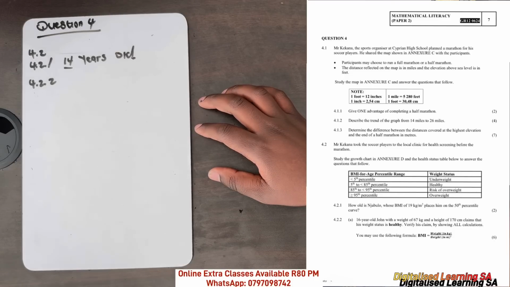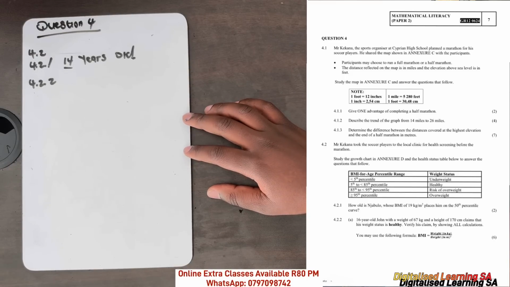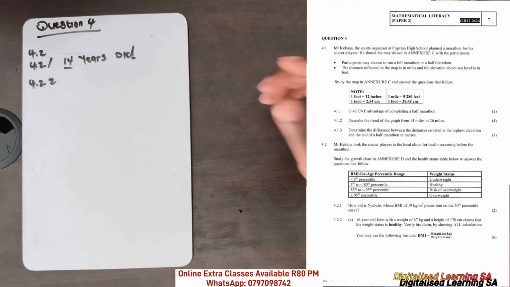If we look on our table, between the 5th and 85th percentile, this person would be healthy.